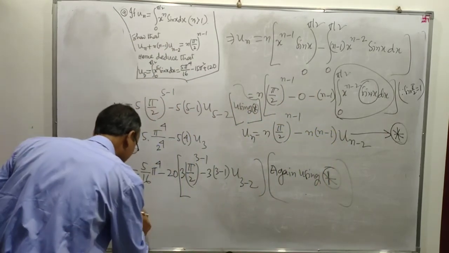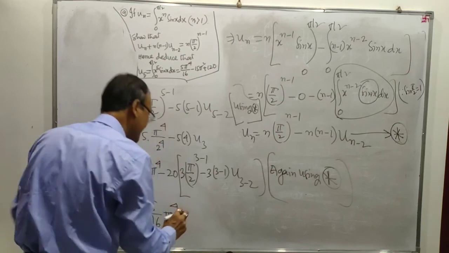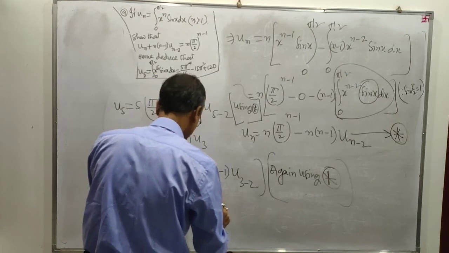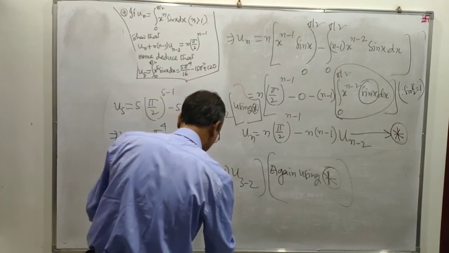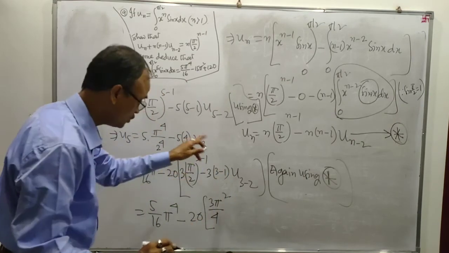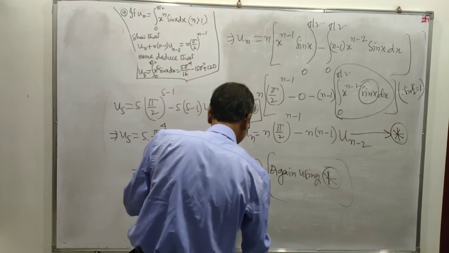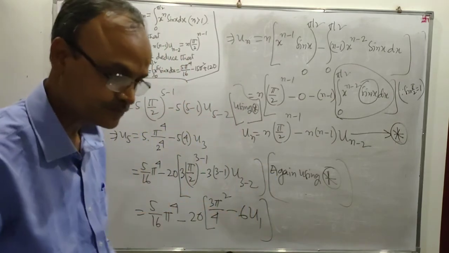This is equal to 5 by 16 pi to the power 4 minus 20. What is this? Thrice pi square divided by 2 square means 4, minus 3 into 2 means 6 u1. You may write like this.